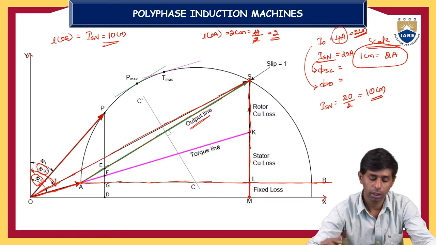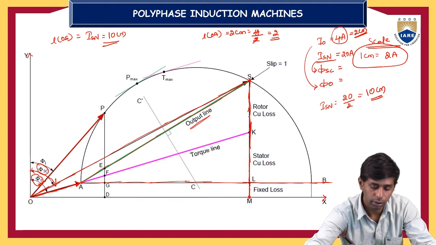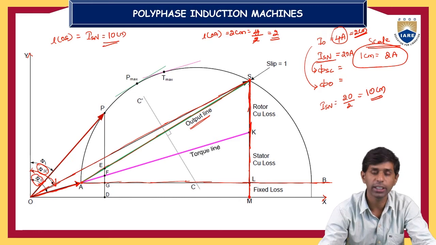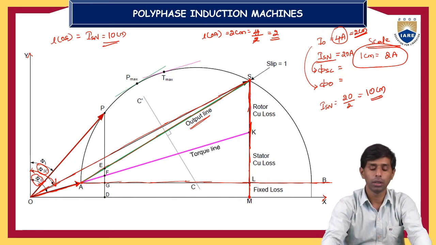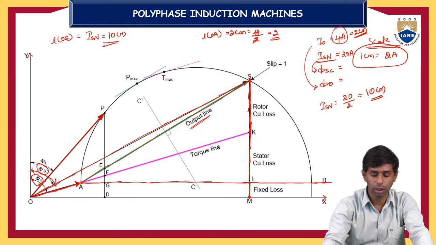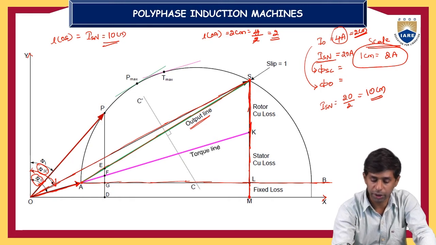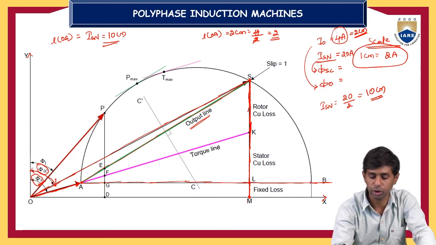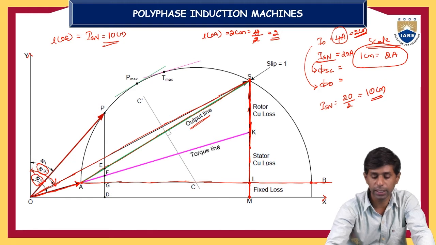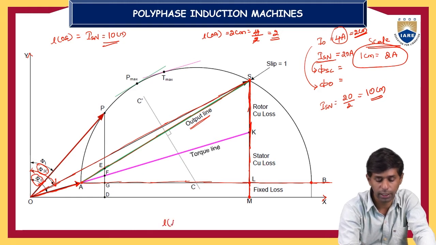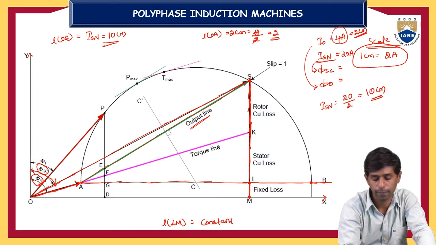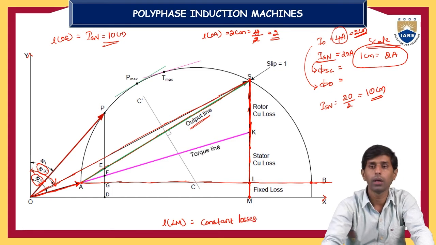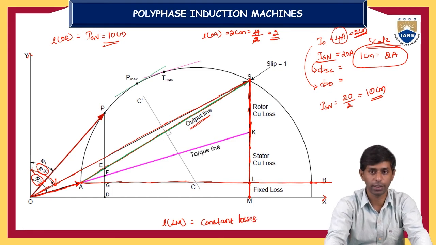So I am dropping a line from point S to the x-axis, which meets your x-axis at point M, and which meets your other line, that is the AB line, at point L. The length of LM represents the constant losses in terms of centimeter.